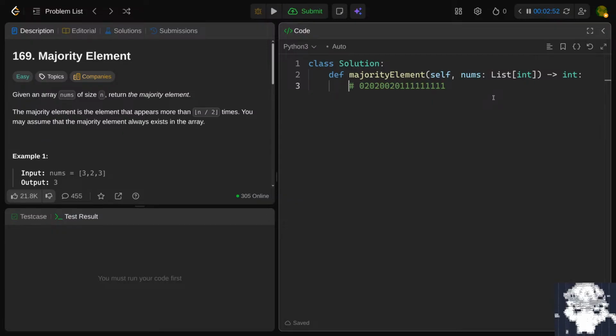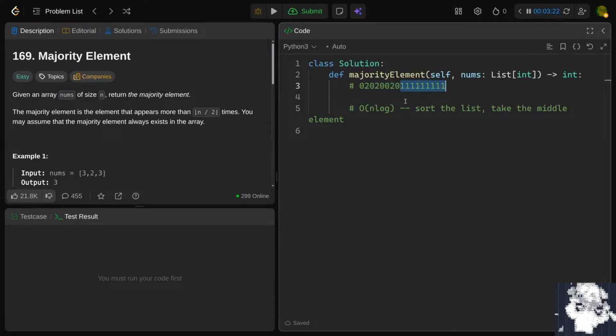Okay, here's a weird idea. One that uses n log n would be sort the list, take the middle element. So if the list is sorted, the middle element will always be the majority element.